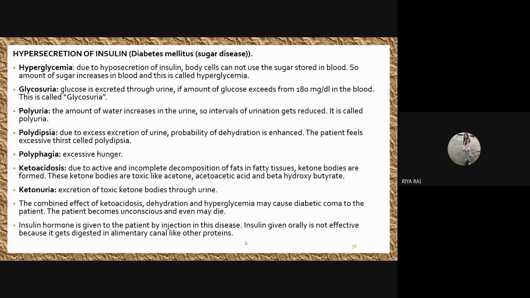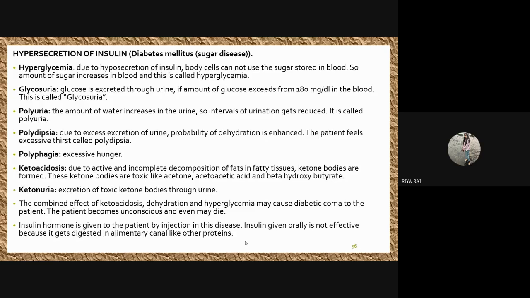Ketonuria is the excretion of toxic ketone bodies through urine. The combined effect of ketoacidosis, that is the formation of ketone bodies, dehydration, that is polydipsia, and hyperglycemia, that is an increase in the amount of blood sugar, may cause a diabetic coma to the patient, and the patient becomes unconscious or may even die.